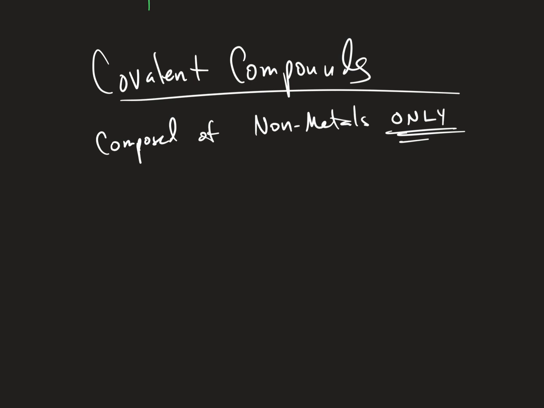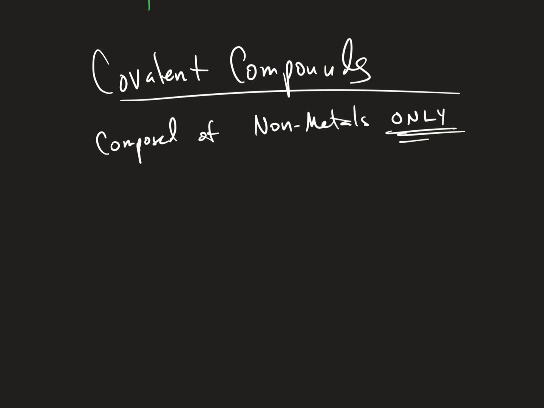Remember we talked about ionic compounds always being neutral? Are covalent compounds always neutral? They are not. What's an example of a covalent compound that's not neutral? Polyatomic ions are covalent compounds. Why? Because there are no metals in them. Good?